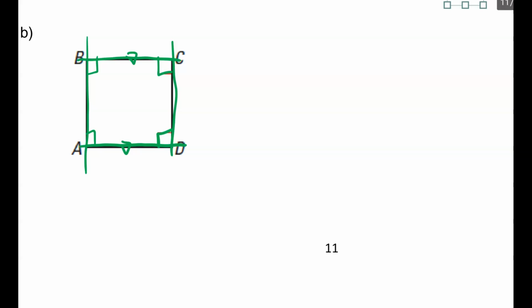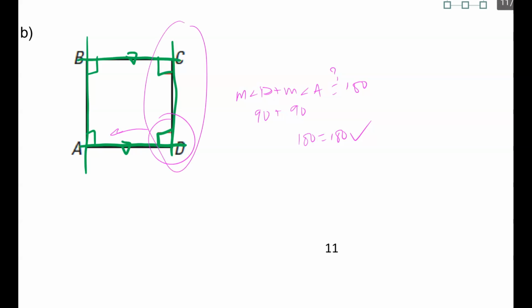Okay, now that we've gone through that, I'm just going to pick this angle and test if it's supplementary. The measure of angle D plus the measure of angle A should equal 180. Turns out if we have two right angles, they will equal 180. We'll test these two now. The measure of angle D plus the measure of angle C should equal 180.